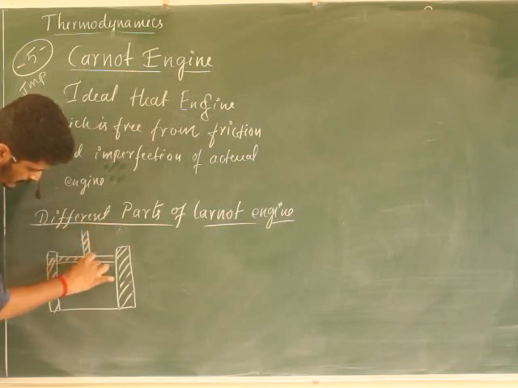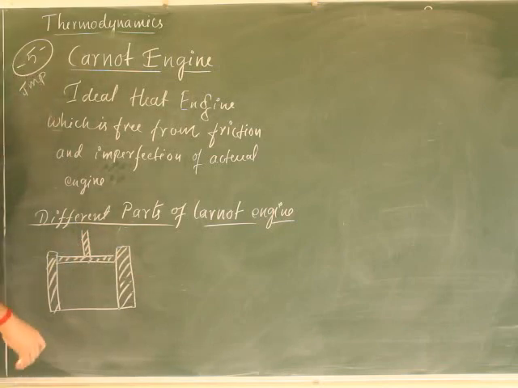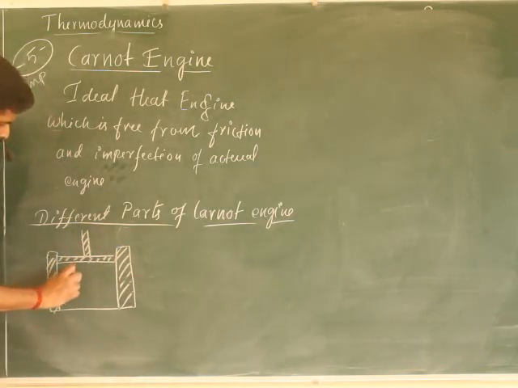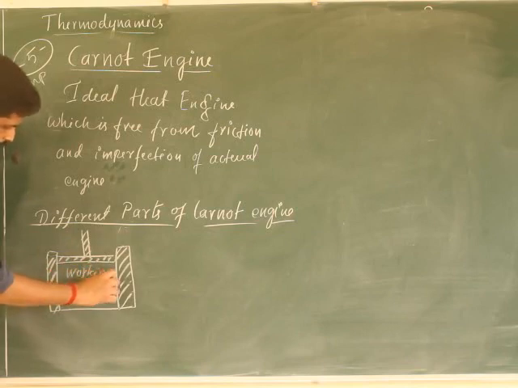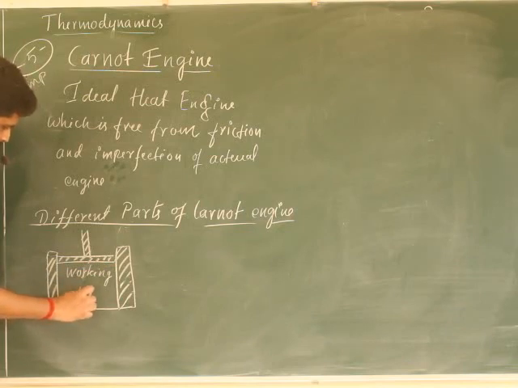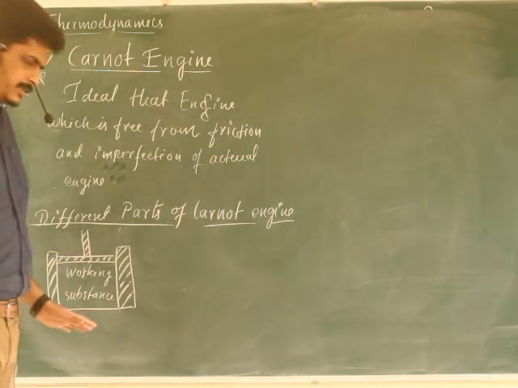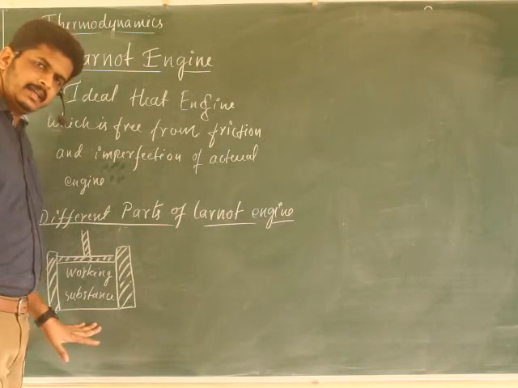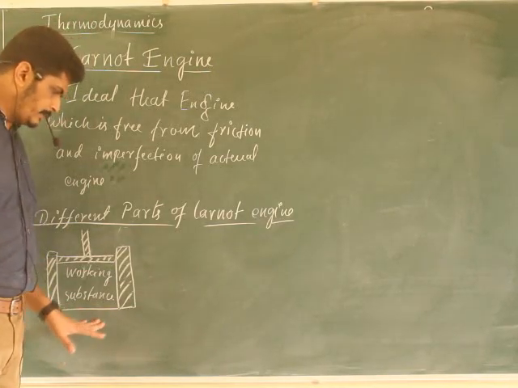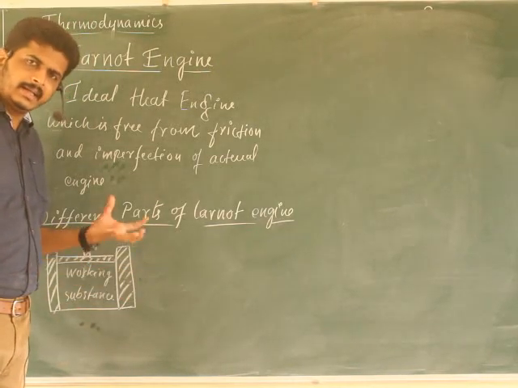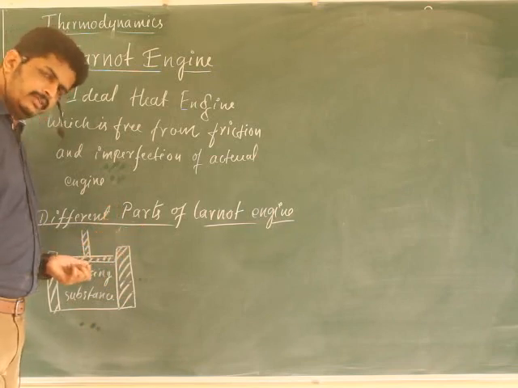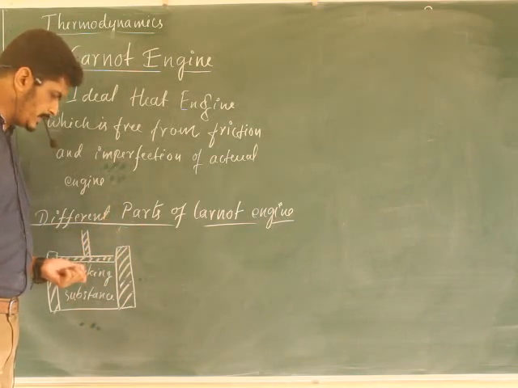This container is called the working substance. It is one of the important parts of Carnot engine. What is working substance? It is a container with a perfectly conducting base and perfectly non-conducting walls, fitted with a frictionless, perfectly non-conducting piston.